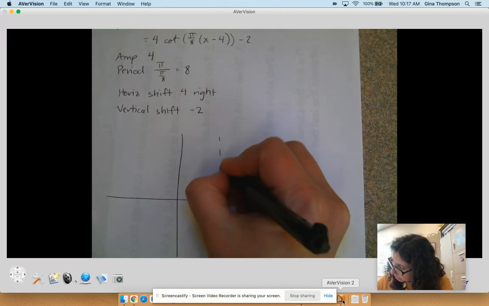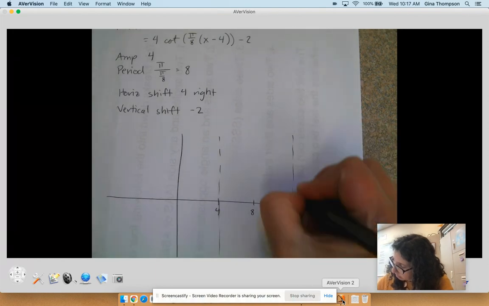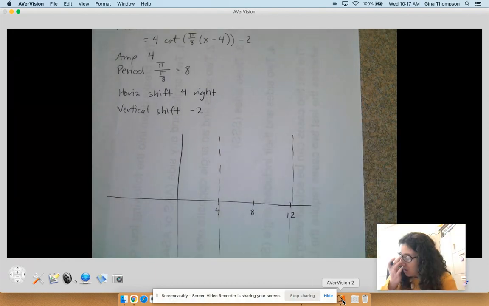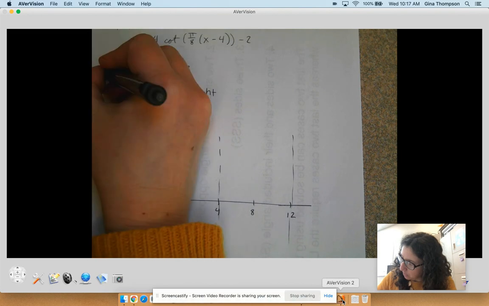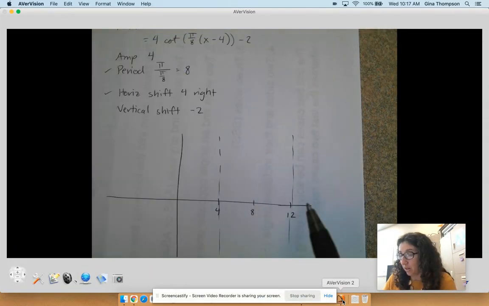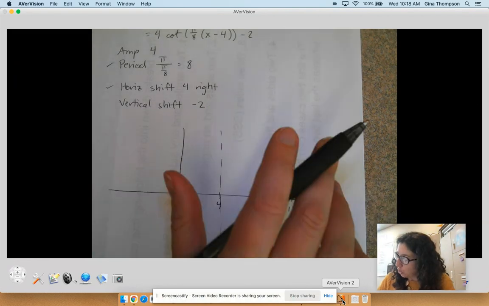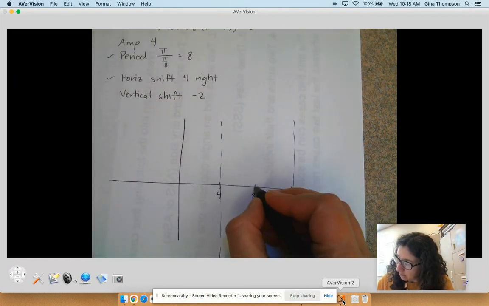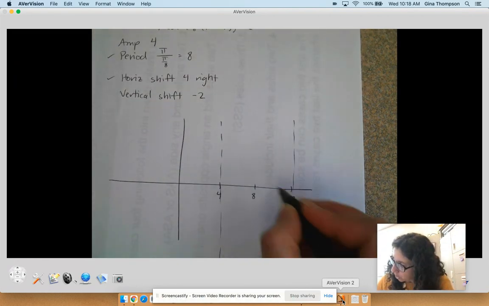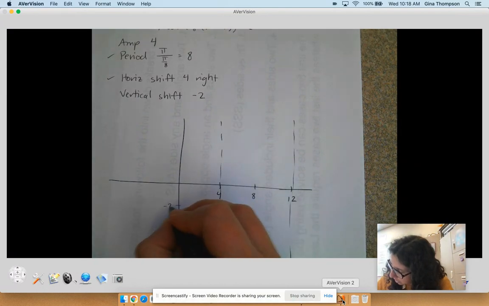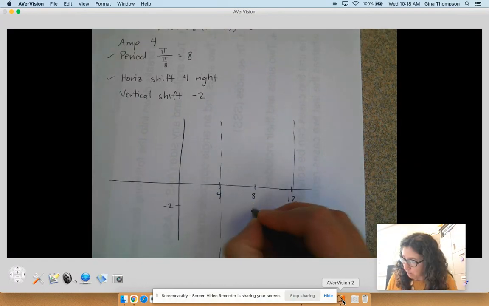So let's draw that. Okay, cool. So we dealt with the period, we dealt with our horizontal shift. So now we have to do the vertical shift and the amplitude. Normally we'd be here in the center, but we're going to shift down by 2. So here's the center of the graph, down by 2.